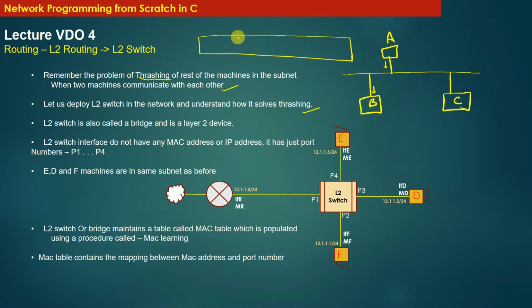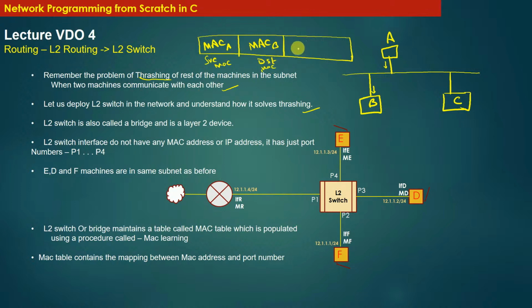In that packet, generated by machine A destined to machine B, the Ethernet header will contain the source MAC address, which is the MAC address of A, and the destination MAC address, which will be the MAC address of machine B.